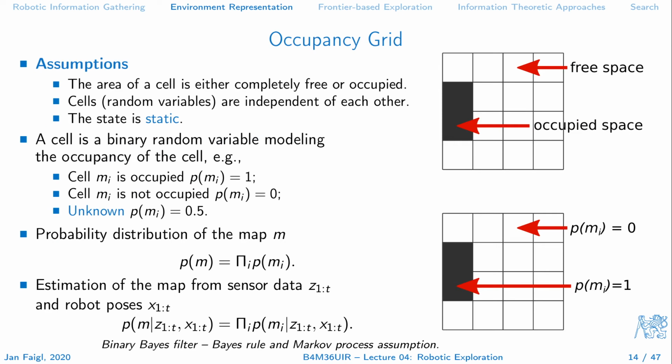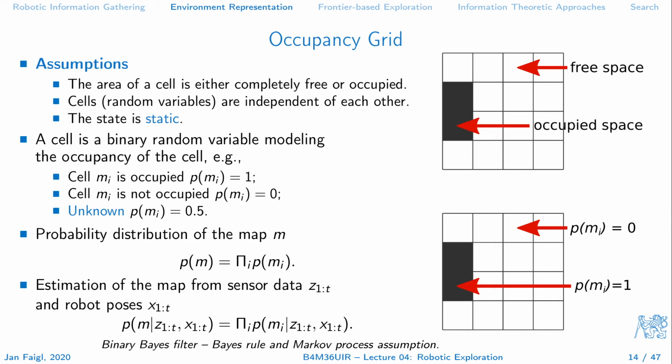For the occupancy grid, we have a couple of assumptions, and one of them is that the area of a cell is either completely free or occupied. Of course, that depends on the resolution. Another assumption is that the cells, the random variables, are independent of each other, and the state is static. This is quite interesting because it helps a lot.